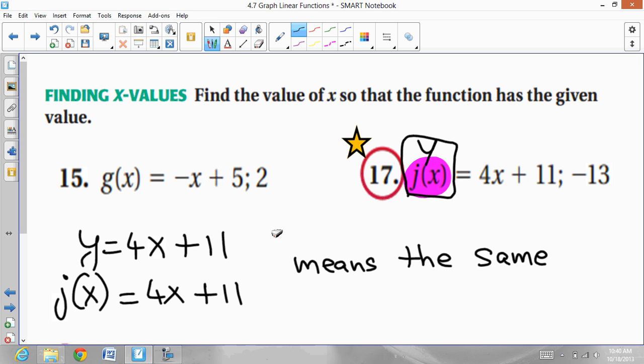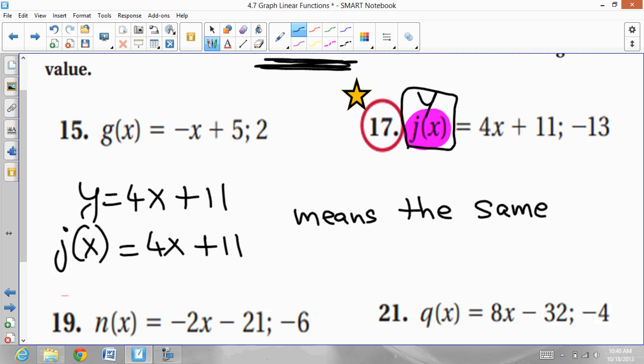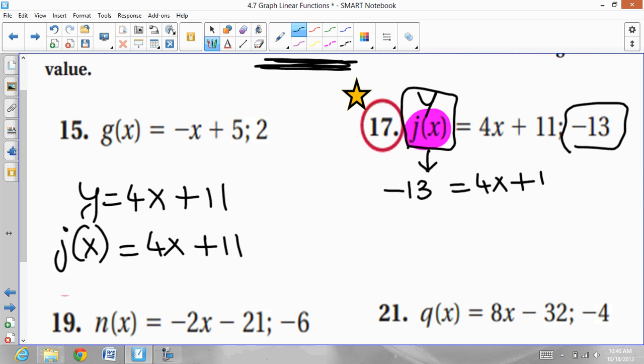So now let's look at this question. Find the value of x. They want you to find what x is so that the function has a given value. They are giving you that your j of x is now equal to negative 13. So this takes on negative 13 equals 4x plus 11.